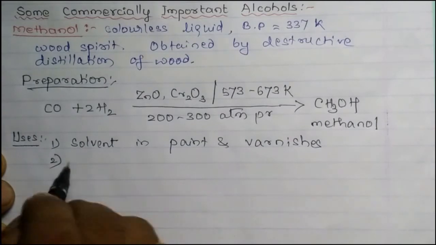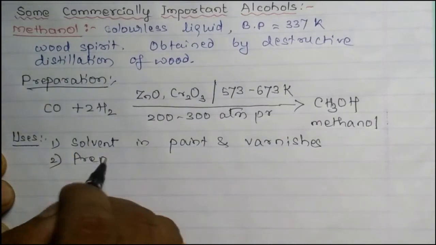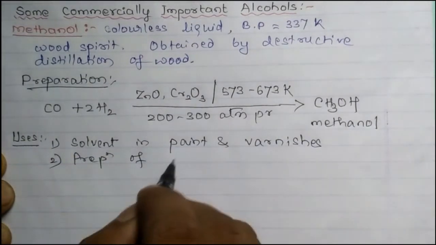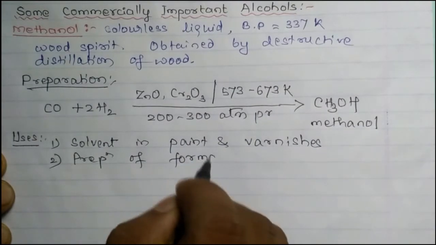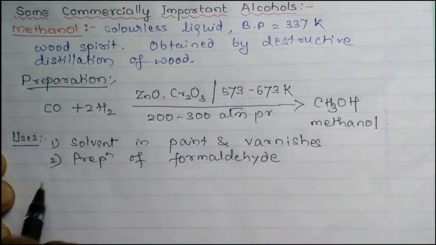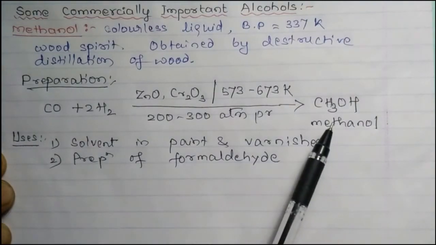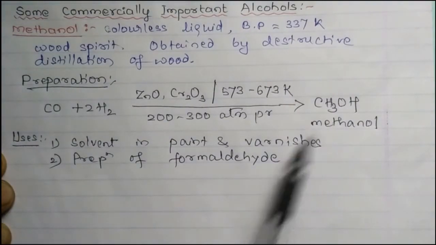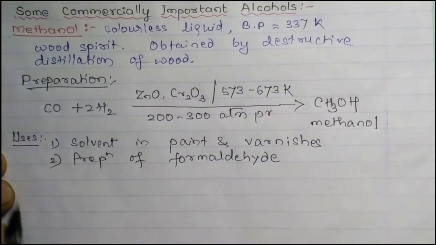It is used in the preparation of formaldehyde. It means methyl alcohol is subjected to controlled oxidation, and you are going to get formaldehyde.